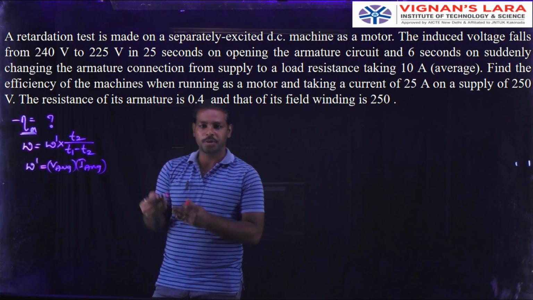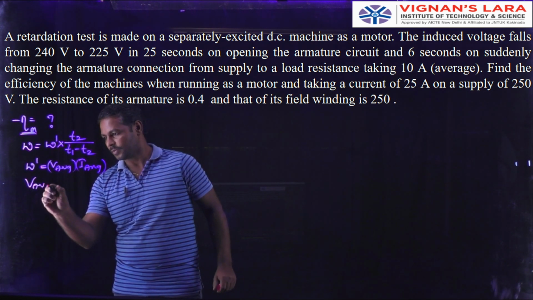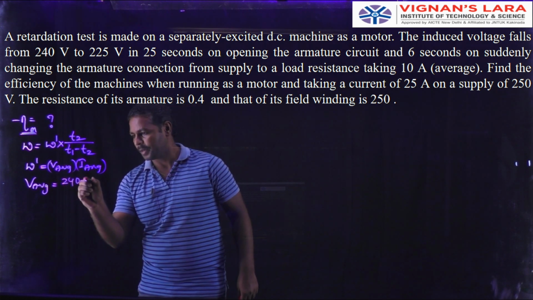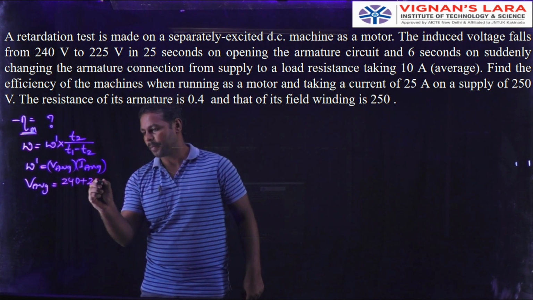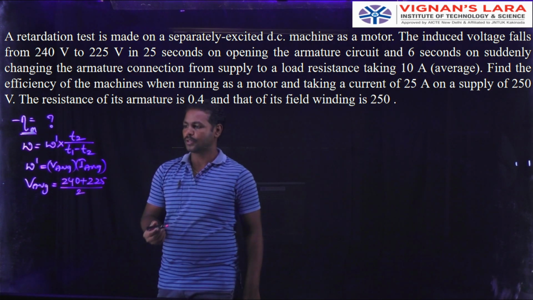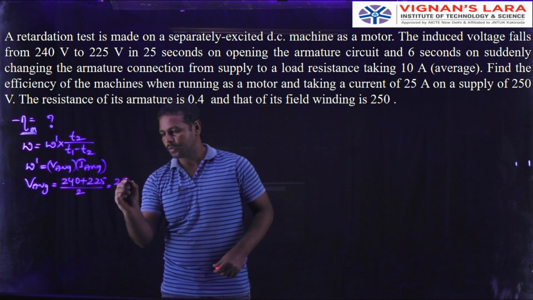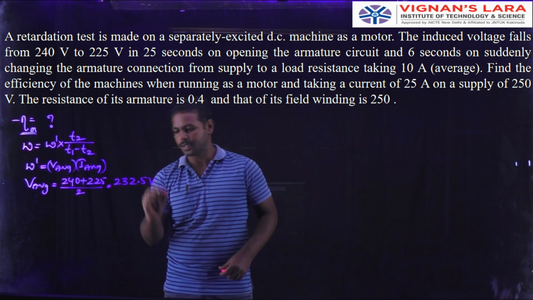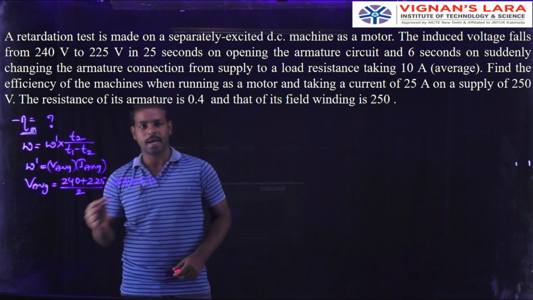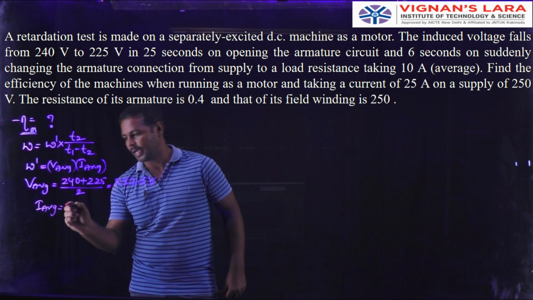The voltage falls from 240 to 225 volts. So V average is equal to 240 plus 225 divided by 2, which is equal to 232.5 volts. Another one is I average, which is equal to 10 amperes.